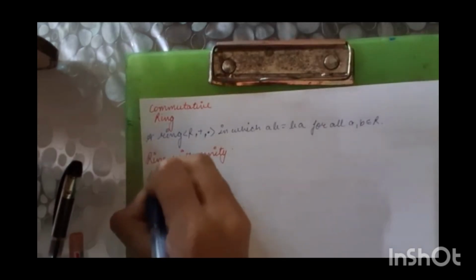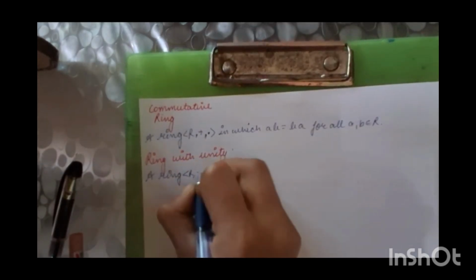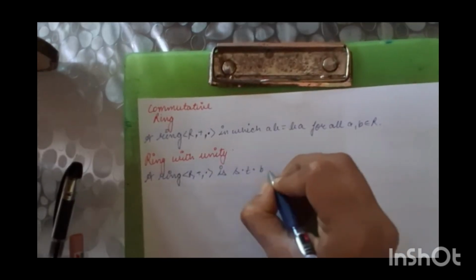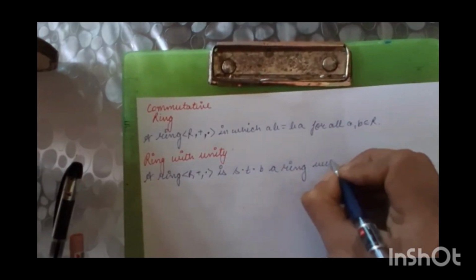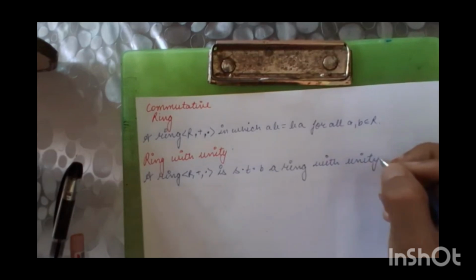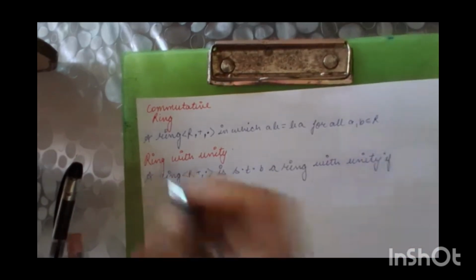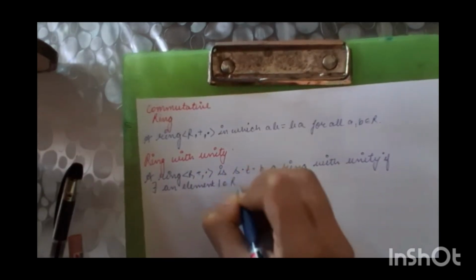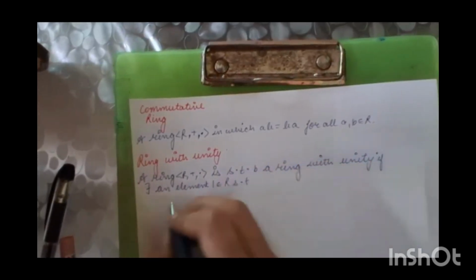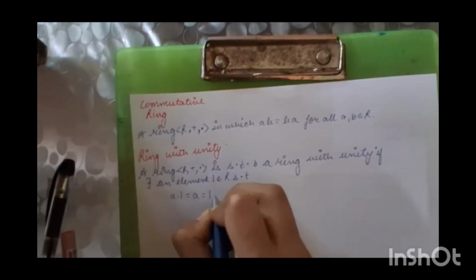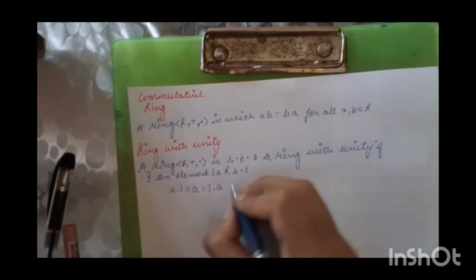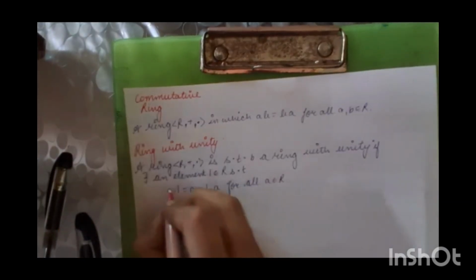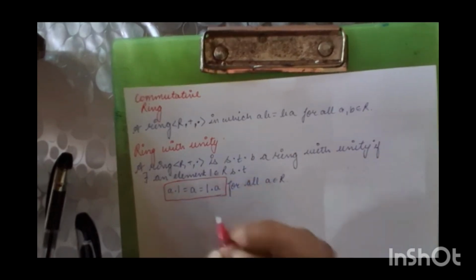A ring R is said to be a ring with unity if there exists an element 1 belonging to R such that for all a belonging to R, a dot 1 equals a equals 1 dot a.